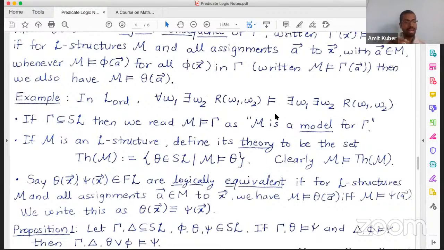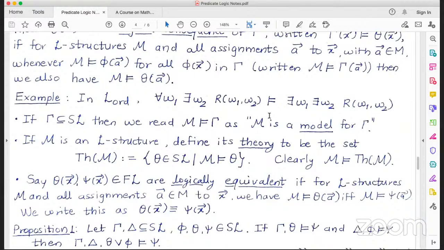A universe is a non-empty set, and an L structure is this universe together with all these symbols. Then given a collection of sentences, you can ask whether all those sentences are true in that structure. If yes, then you say it is a model for that theory.